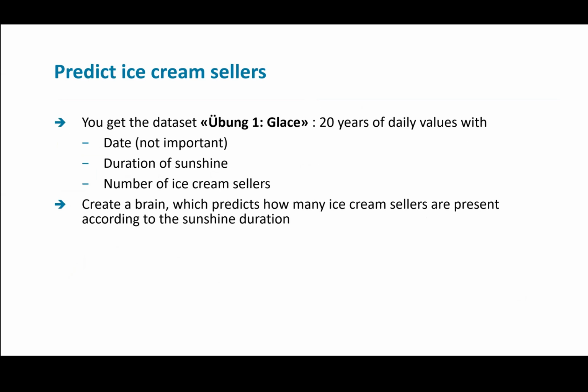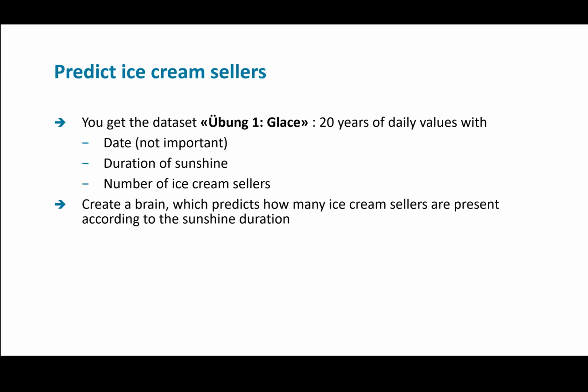What are Glace? BSI is a partially Swiss company, or the mother company is Swiss, so Glace are ice cream. And we're going to predict ice cream sellers today in all three of the stages, actually.